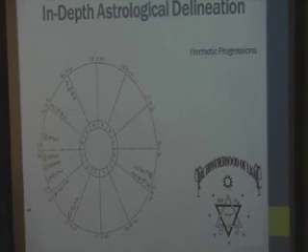Another case in point might be, let's say, the Sun is in Leo and Uranus is in Aquarius. So here you've got, well, no, that wouldn't work. The opposite. Yeah.